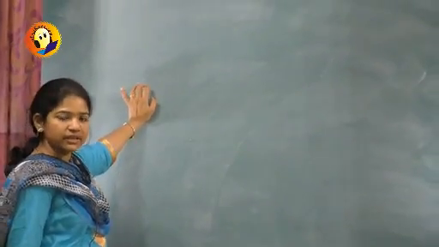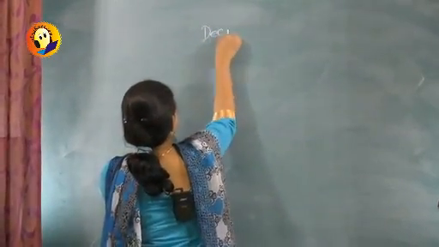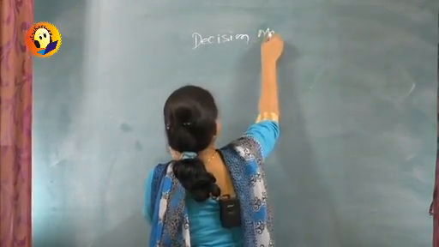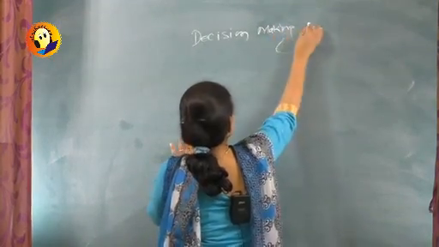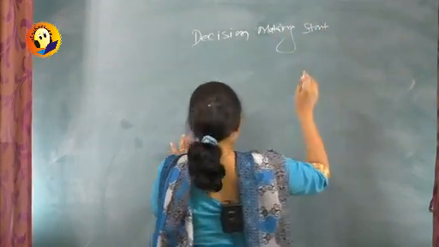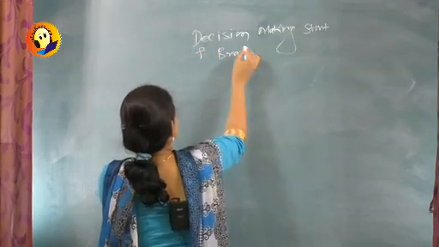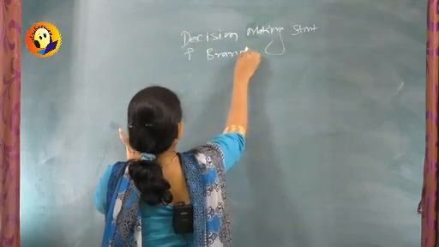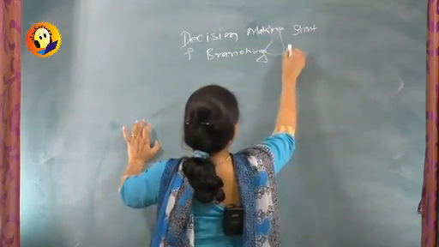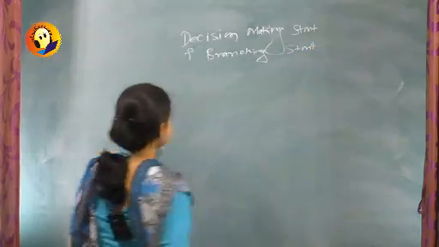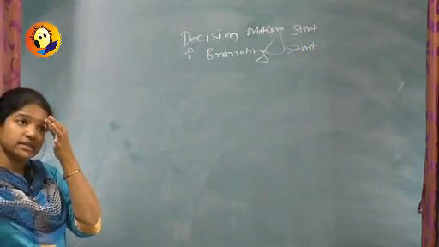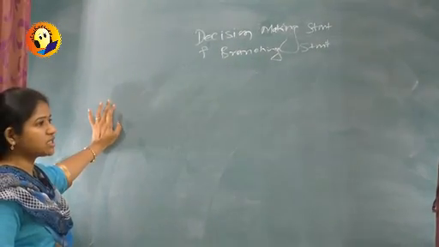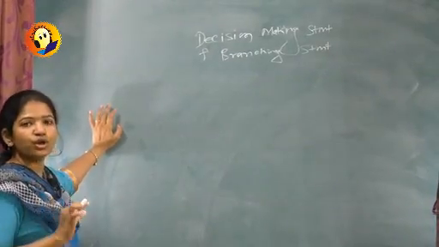Now next we will start with decision making statements in Java programming. Decision making statements and branching statements in Java programming. So decision making statements are mainly useful to take decisions for particular execution of a block.